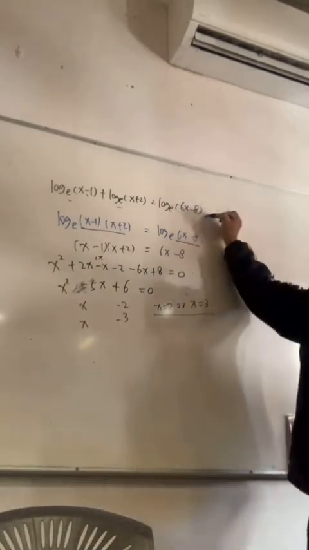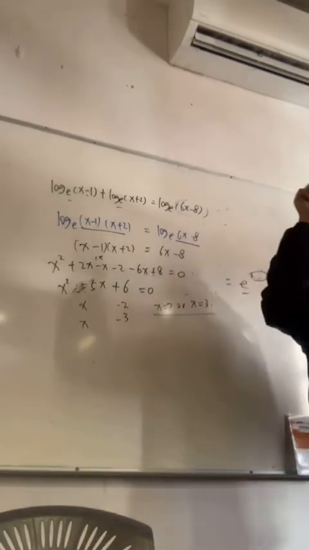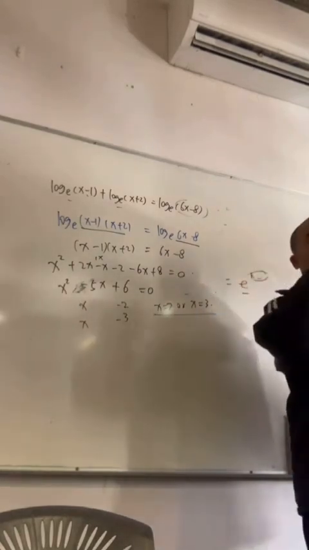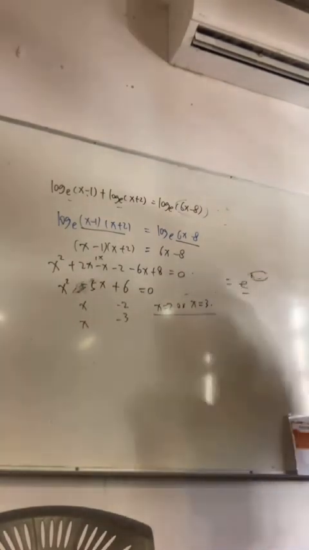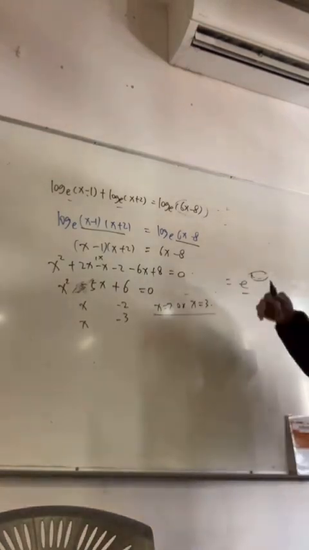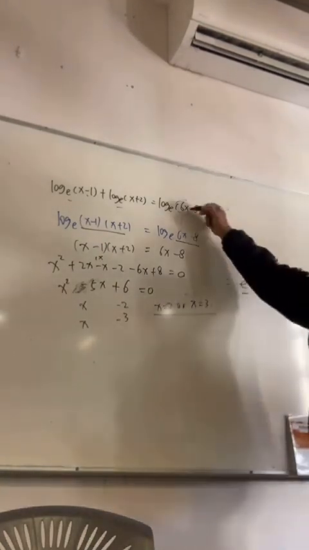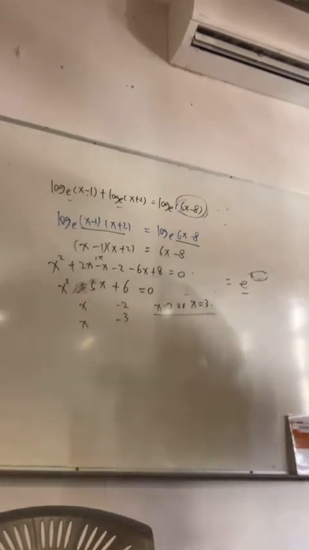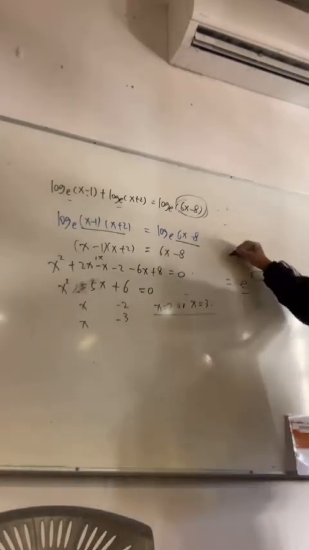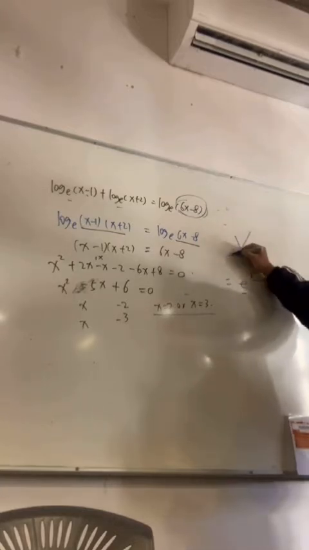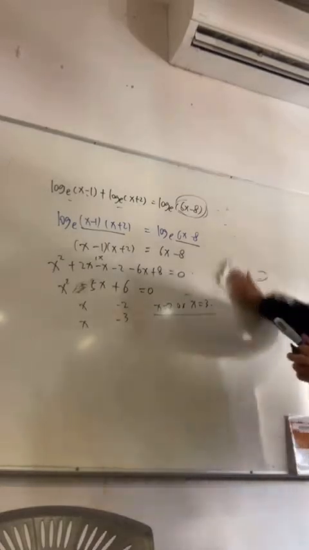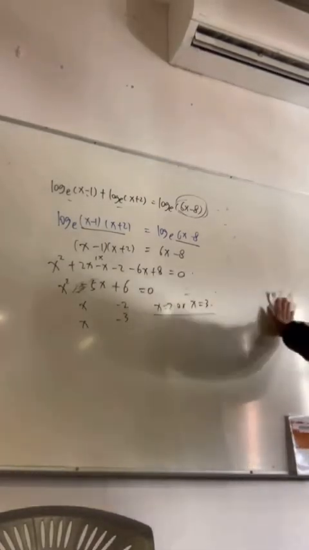Because the inside of the bracket needs to be bigger than 0, which I will talk about in period 5, because we need to know the graph of the exponential first. Sometimes we will ask you the domain. So this is always bigger than 0, not including equal to, because the exponential function is always bigger than 0, which I will talk about this afternoon. Okay, so that's the question.